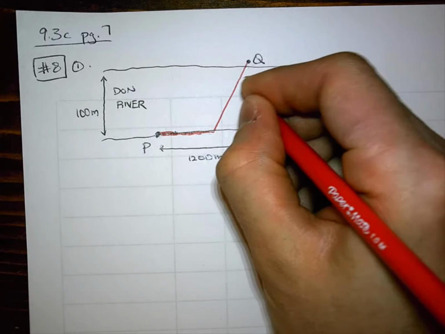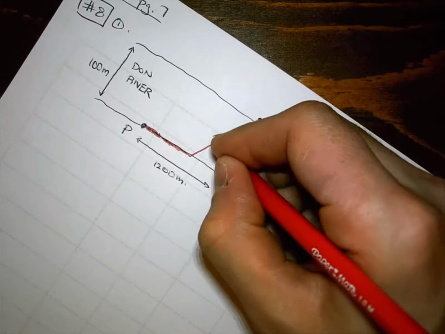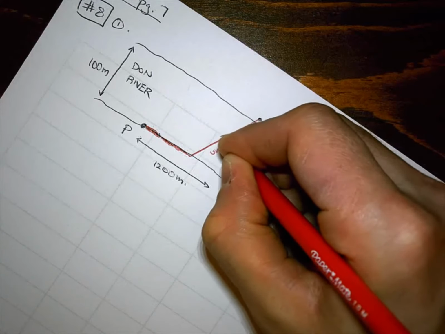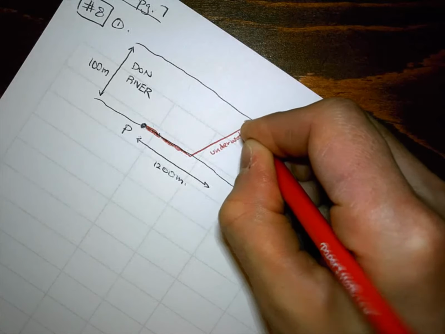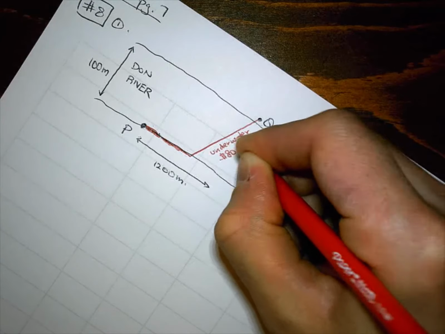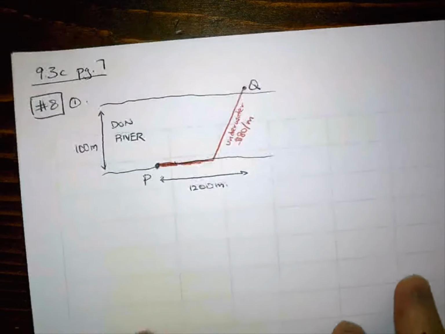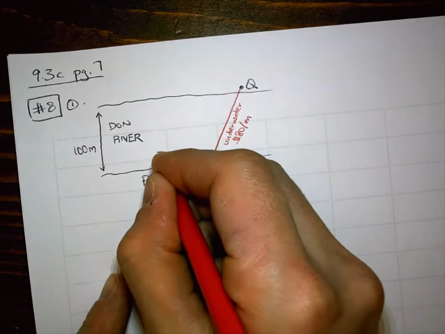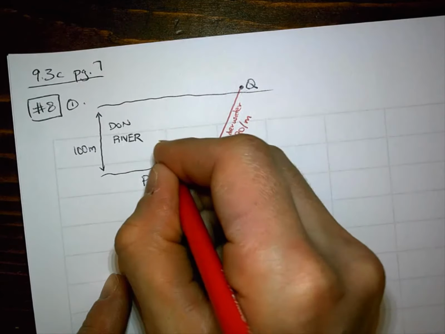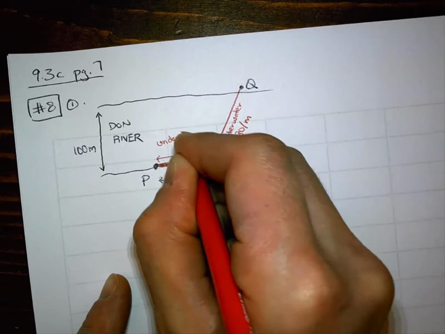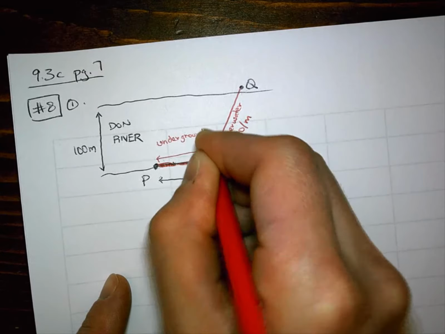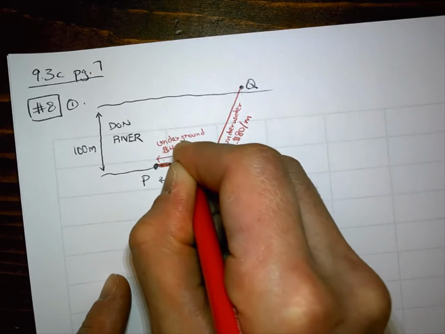So this section, let's label it. This is underwater. What was this one? I think $80 per meter. And this was underground, $40 per meter.